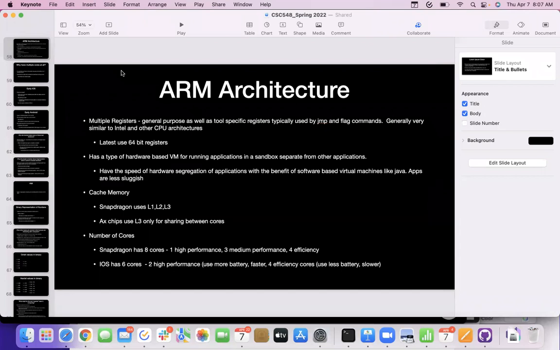Okay, so when we talk about really any processor, but specifically mobile processors here, we're going to have multiple registers that are going to be available to us, and we'll look at those here in a few minutes. Several slides down, we introduced the ARM registers. We talked about these last time. So these are containers.